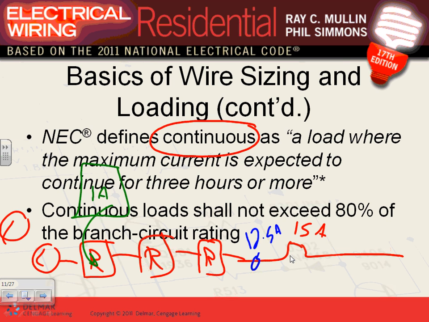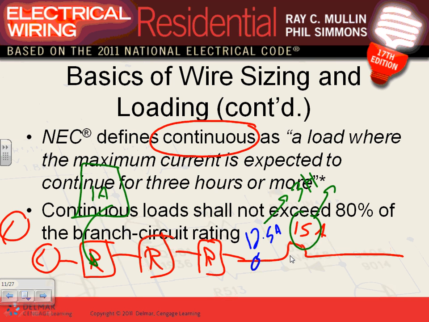The point of it, if it's continuous load, guys, it runs 3 hours. It doesn't allow the conductor to cool down. But take this, Chris, take 12.5 amps for 2.5 hours. Actually, I don't want to go there.